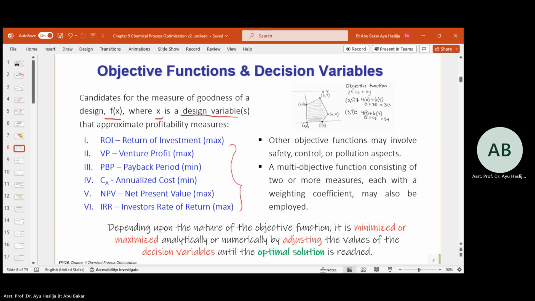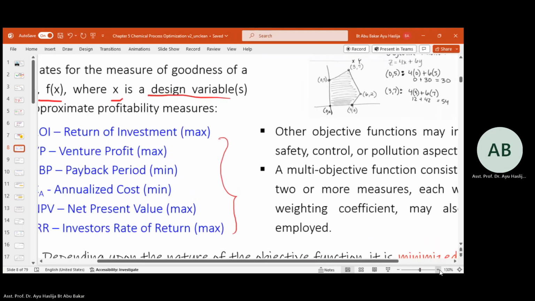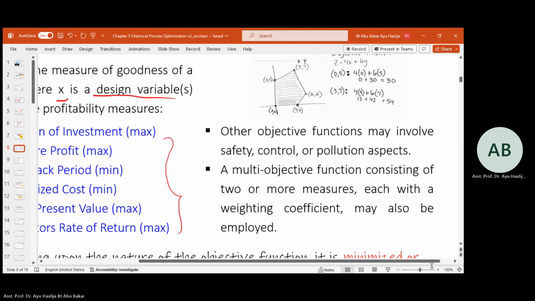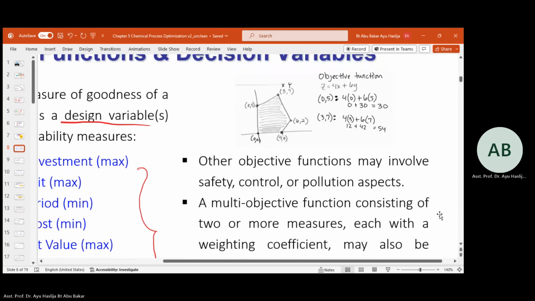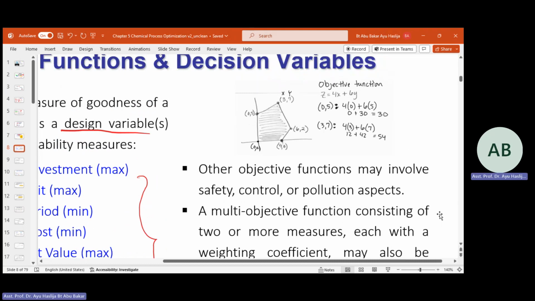Now this is the... let me enlarge a bit. Here, this is the objective function, your function. Then this is your constraint.